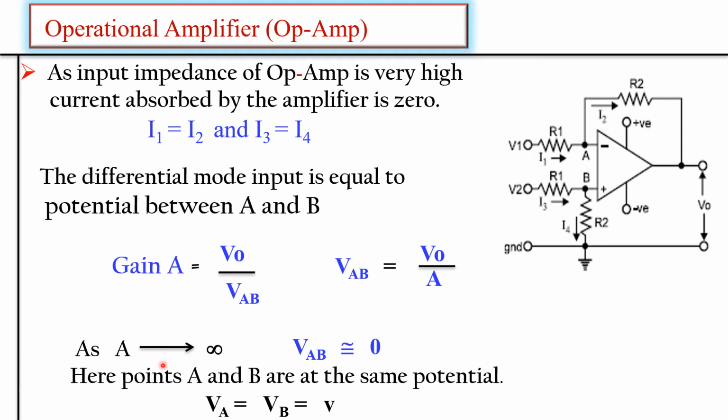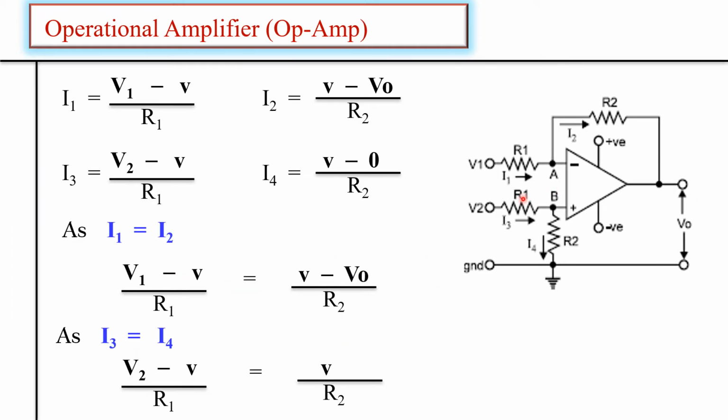As the gain is infinite, VAB is equal to 0. So the potential difference between these points is 0. Hence points A and B are at the same potential, VA is equal to VB is equal to V. They are at the same potential, so the potential at this point is V.